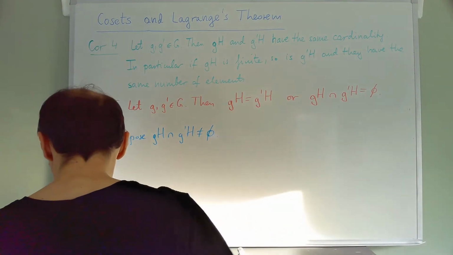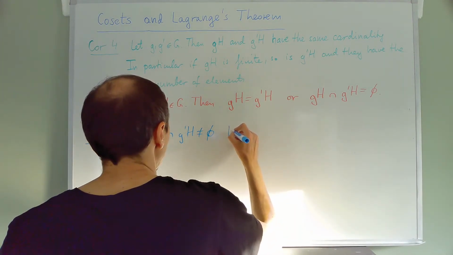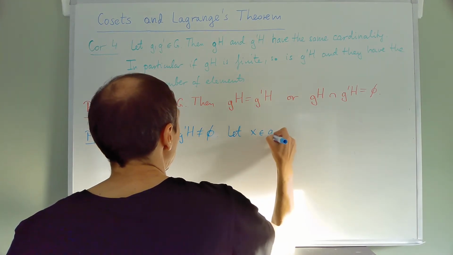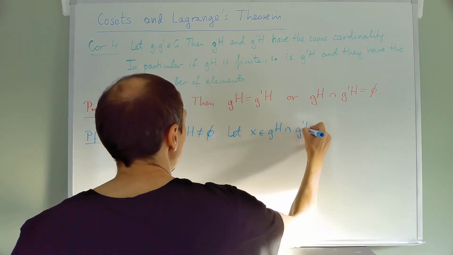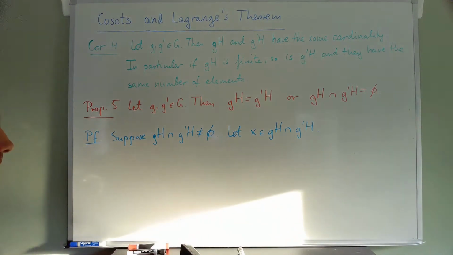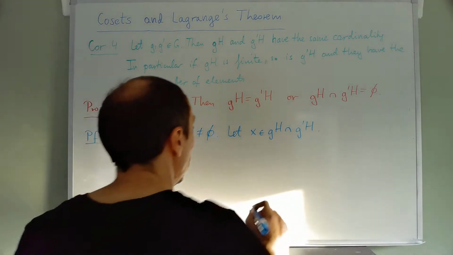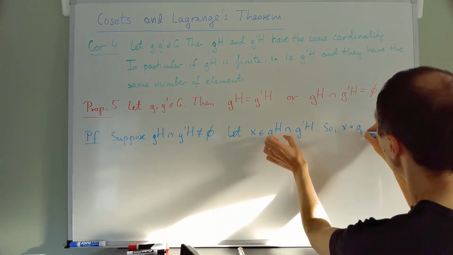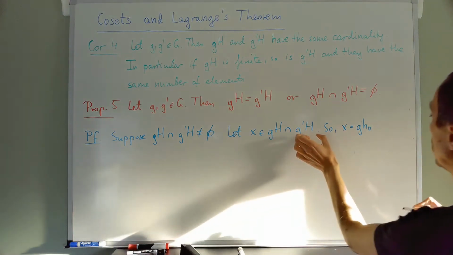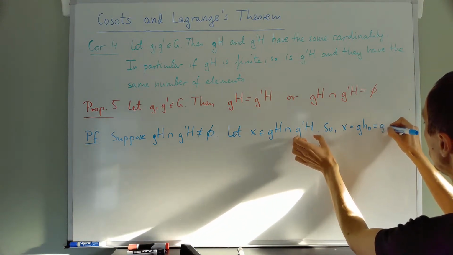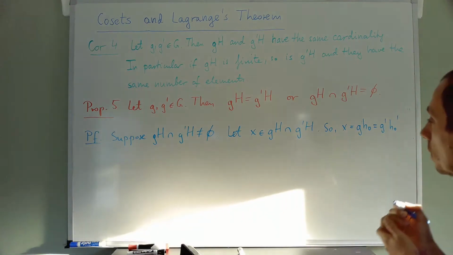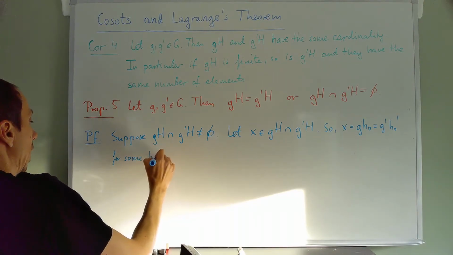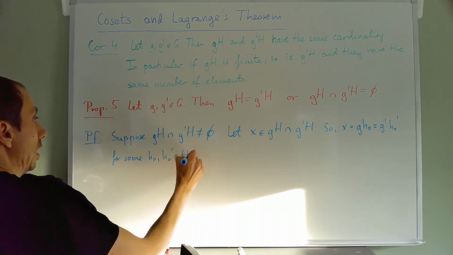Well, if the intersection is non-empty, then there is some element that lies in the intersection. So let x be in the intersection. So that means x lies in this coset, so I can write it as gh0. But it also lies in this coset, so I can write it as g'h0', for some h0, h0' in H.